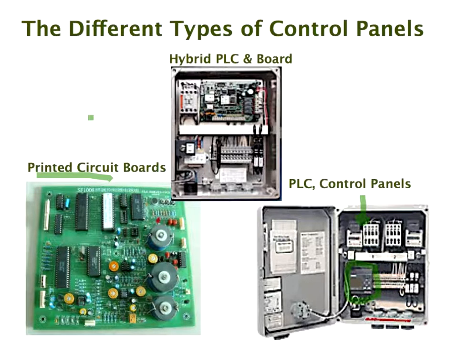And here we've got a hybrid, which is a PLC with a board, which is often an economic decision for a larger system, where you'll have part of the system operated with a printed circuit board, and you've got the PLC monitoring and picking up all the essential data. And this keeps down the cost of the PLC instead of having a larger system. And these are generally custom built.